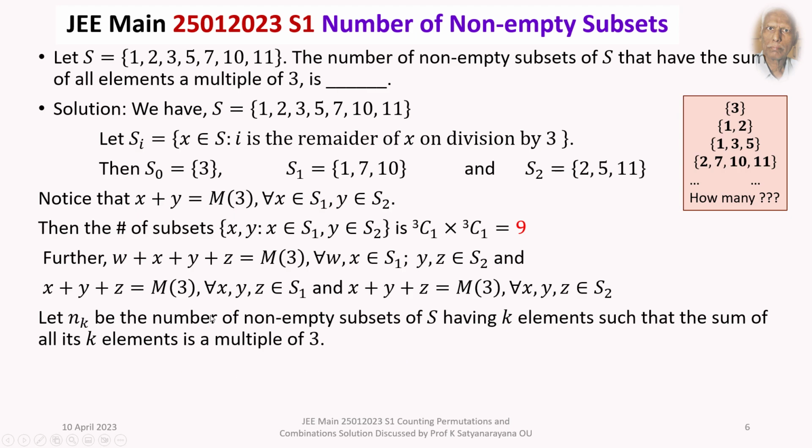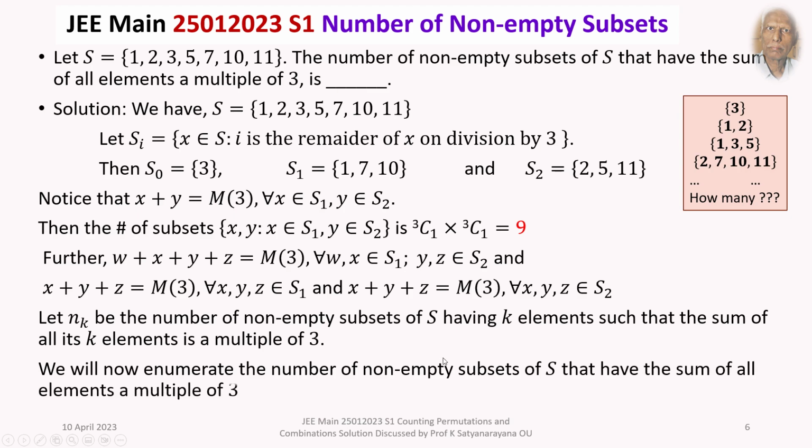So nk is the number of non-empty subsets of S having k elements such that the sum of these k elements of that subset when added is a multiple of 3. So we will now enumerate the number of all non-empty such subsets in the next slide.